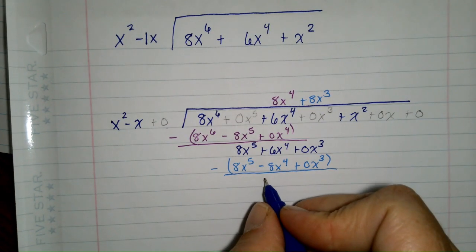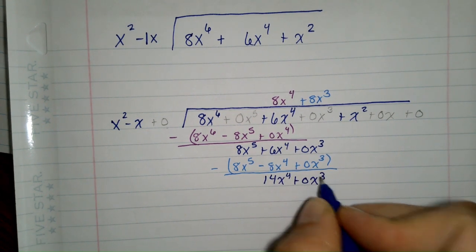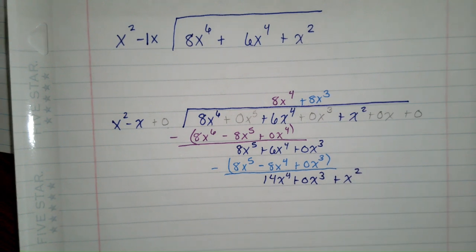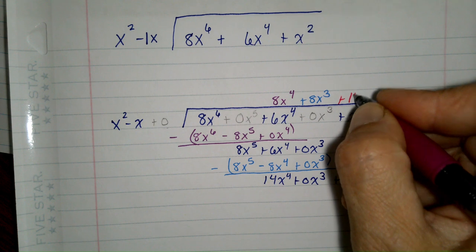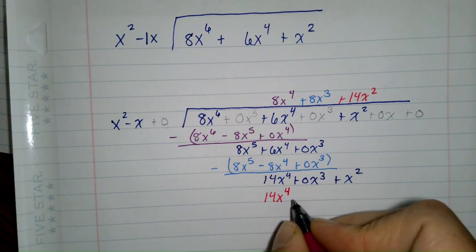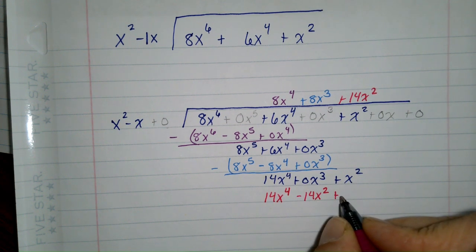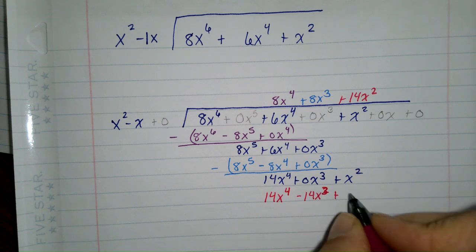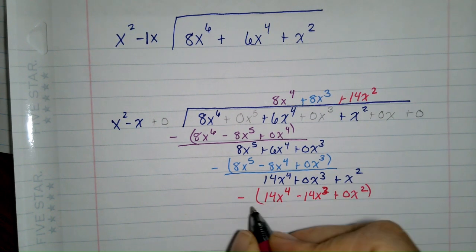Six minus negative 8 is 14. So I need 14x squared. Subtract all that.